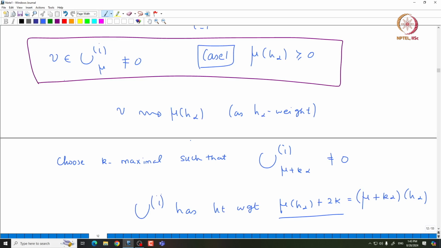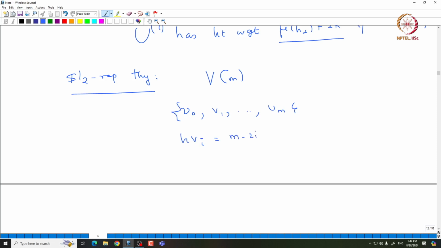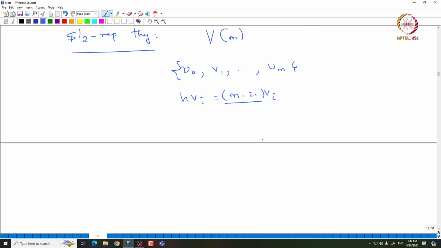That corresponds to the weight mu of H alpha. Now go back to the SL2 representation theory. If you have the irreducible representation V of m, corresponding to the non-negative integer m, then we have the basis V naught, V1, etc., Vm, on which H acts as m minus 2i times Vi. In particular m minus 2i is the weight of this Vi, and x acts as m minus i plus 1 times Vi minus 1, and y acts as i plus 1 times Vi plus 1.